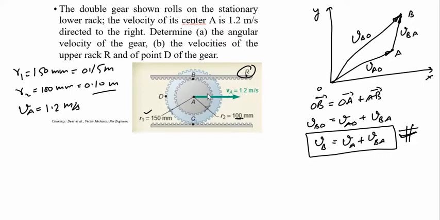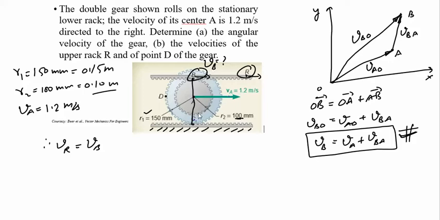So velocity of R is equal to velocity of B. If this rack is stationary and on which the big gear is rolling over here, and the center point of the small gear has the velocity VA equal to 1.2 meter per second, we have to find out the VB.